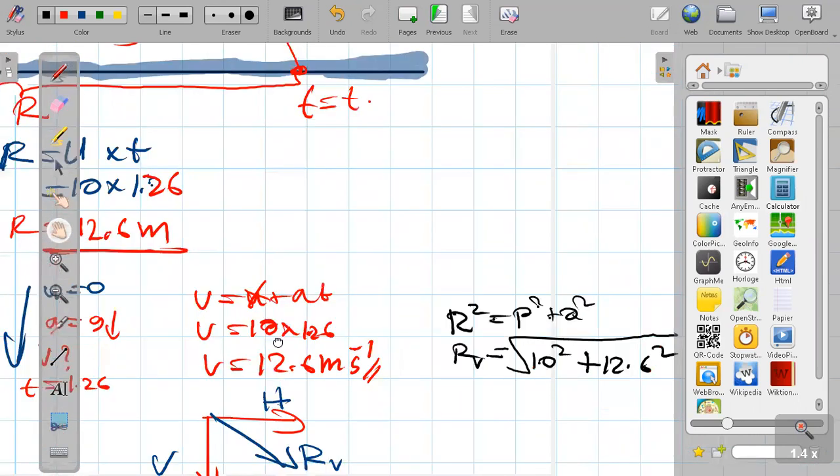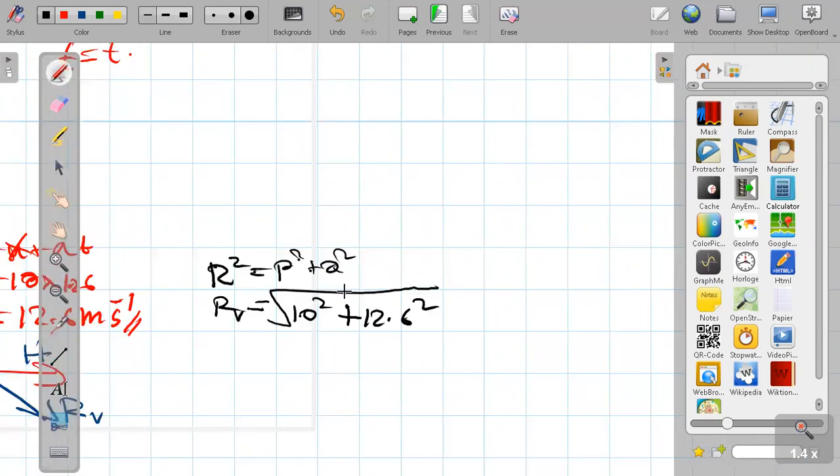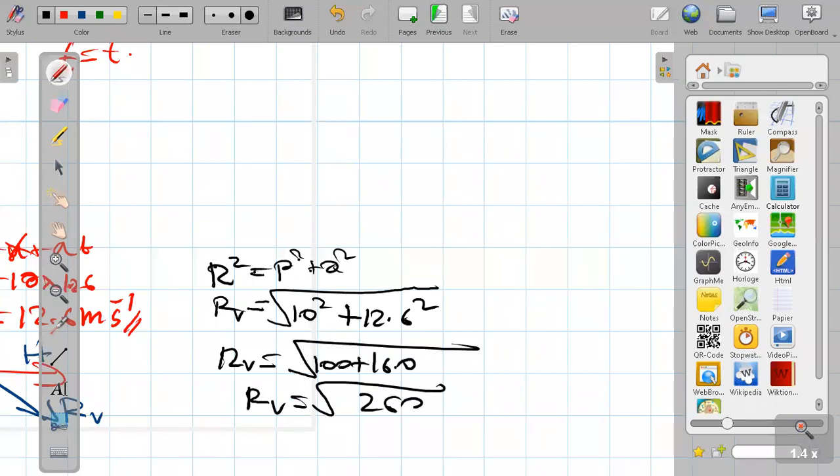So after forgetting the decimal point and putting 2 decimal points, this is going to be 160. So the resultant velocity squared is going to be 100 plus 160, which is 260. Square root of 260.